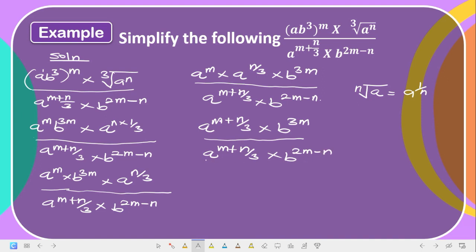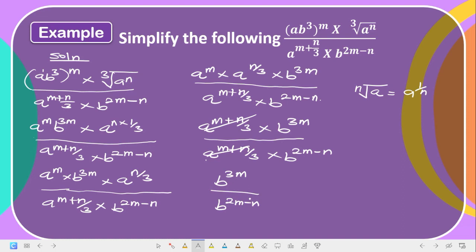Now, you can see that this part of the equation and this part are the same, right? Our multiplication is in between them. So you can cancel out this and this. Is that clear enough? So what are we left with? b^(3m) all over b^(2m-n).